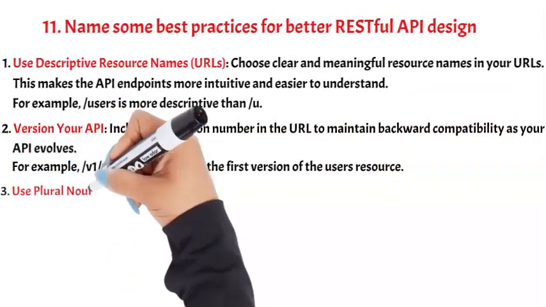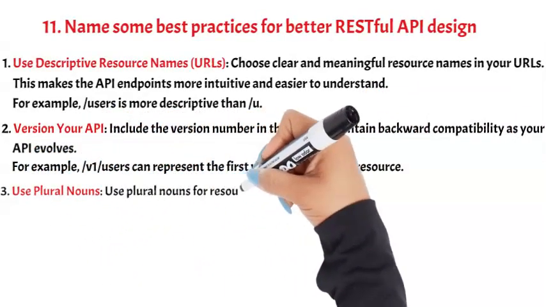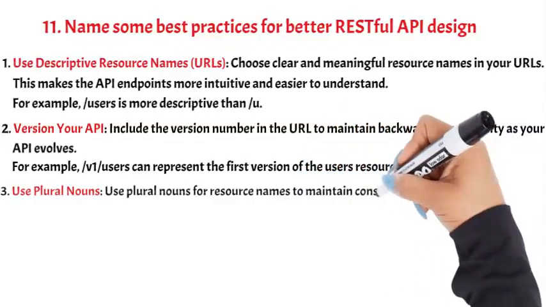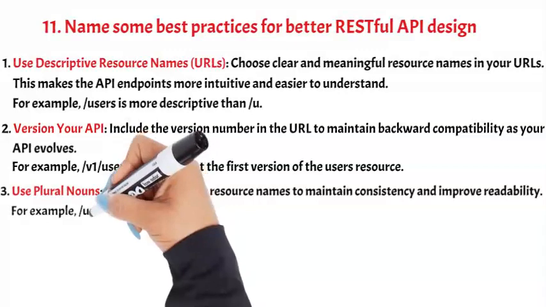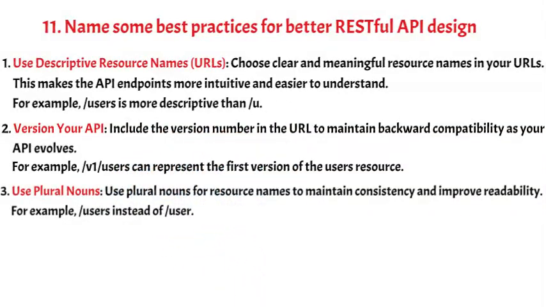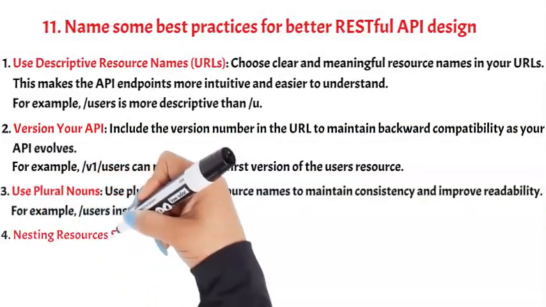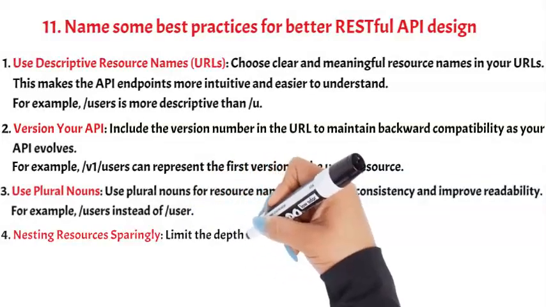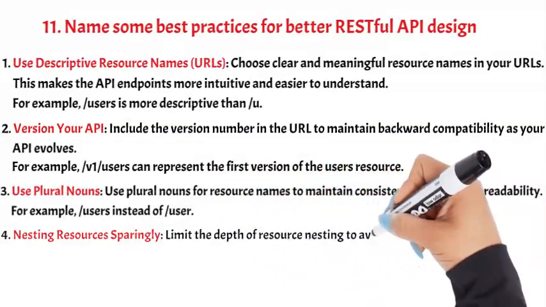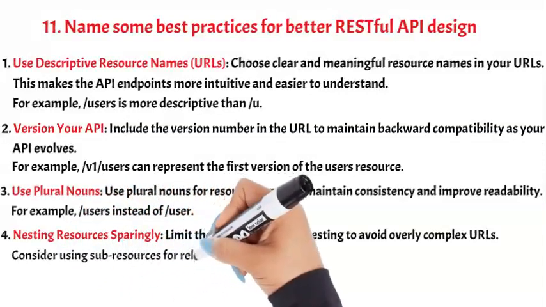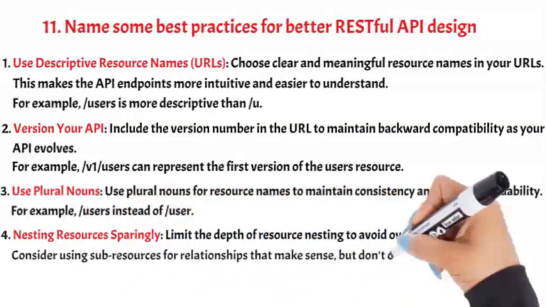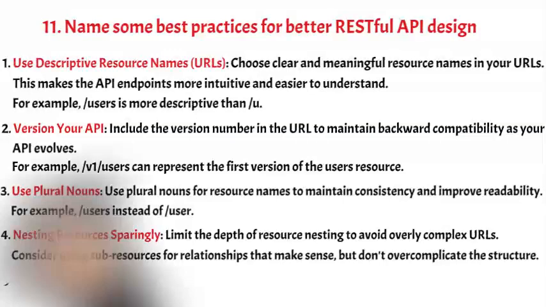3. Use plural nouns. Use plural nouns for resource names to maintain consistency and improve readability. For example, /users instead of /user. 4. Nest resources sparingly. Limit the depth of resource nesting to avoid overly complex URLs. Consider using subresources for relationships that make sense, but don't overcomplicate the structure. 5.